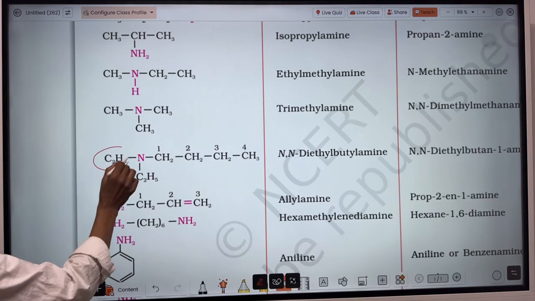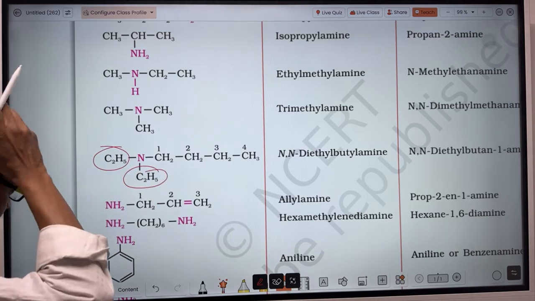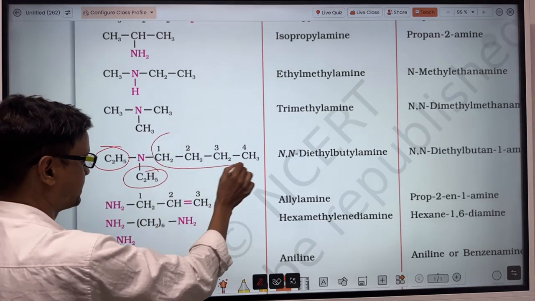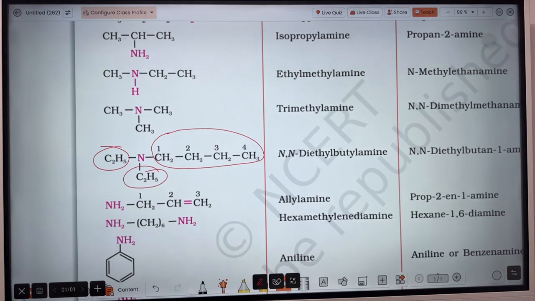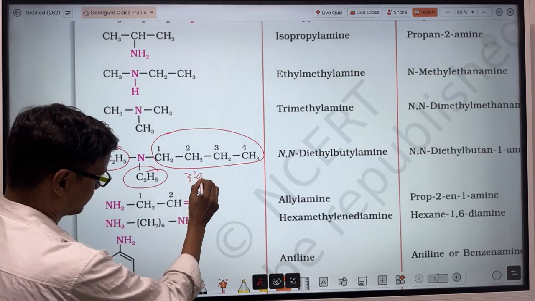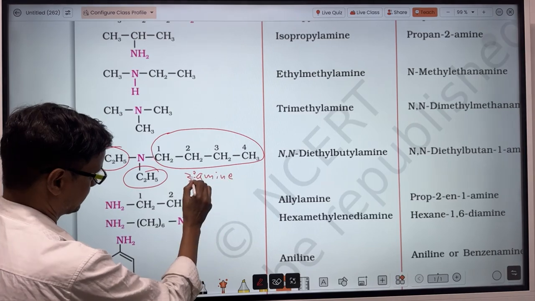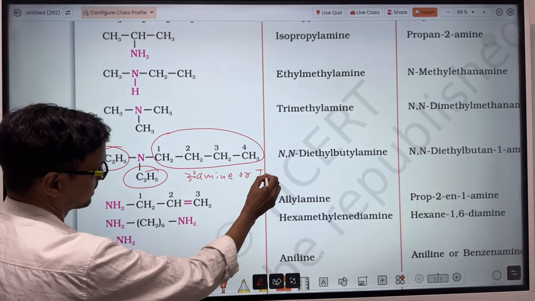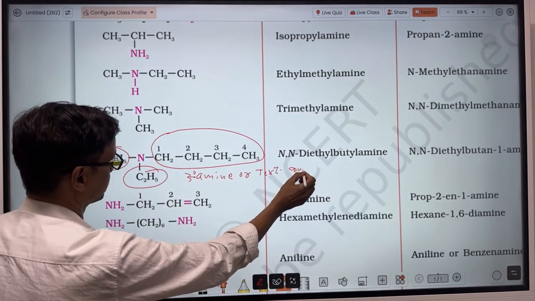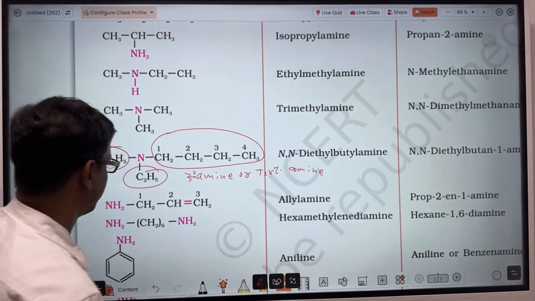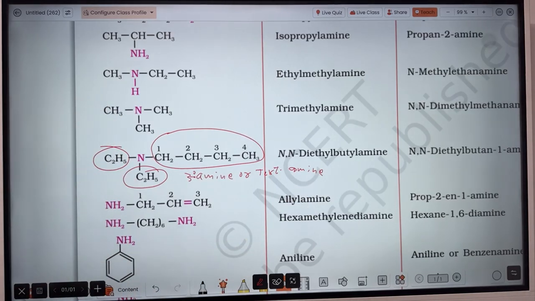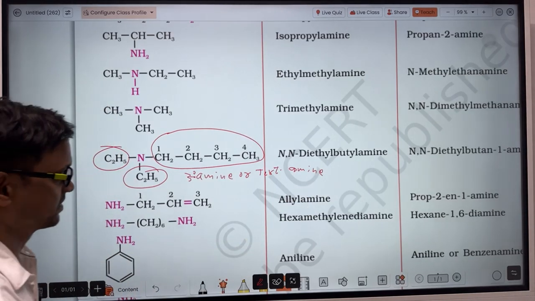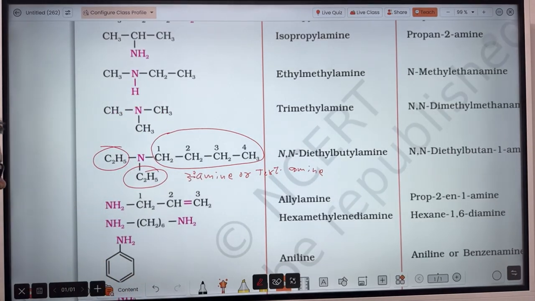To this nitrogen, this ethyl is attached, and this butyl is attached. So this is also a 3-degree amine, or a tertiary amine. When we have to write the common name, we have to consider the alphabetical order.